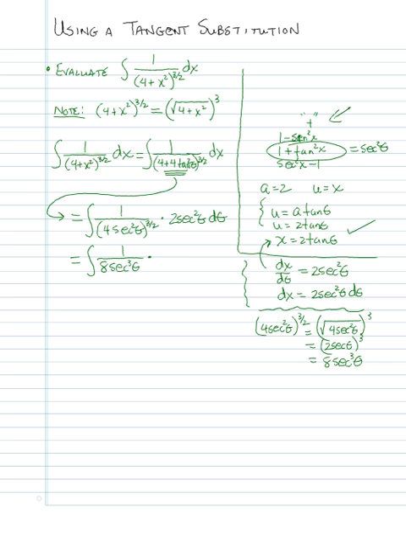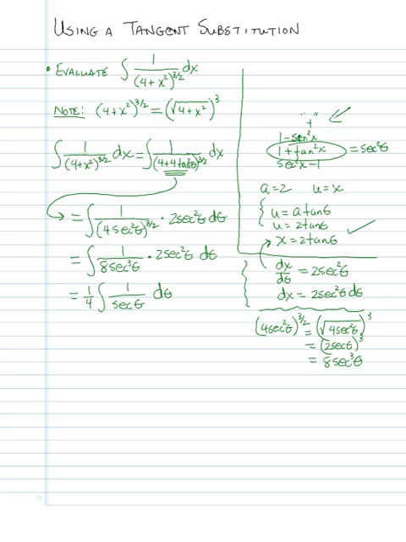And we're multiplying with a 2 secant squared theta d theta, and you can see that we have some simplification that can occur here. We have a 2 over 8, which is 1/4. Let's go ahead and factor that outside the integral. And we have a secant squared over a secant cubed, so that's going to be 1 over secant of theta d theta.